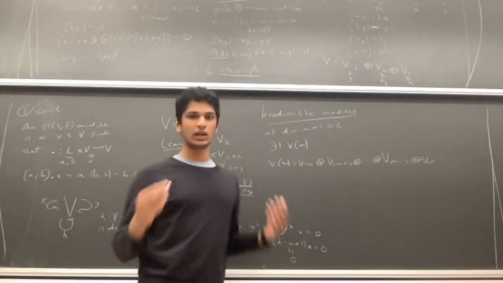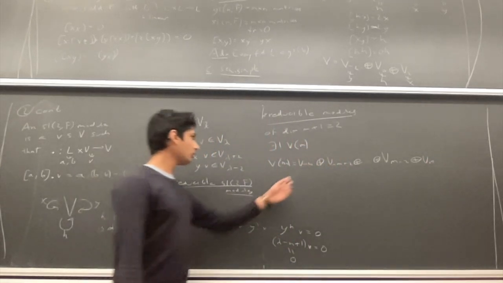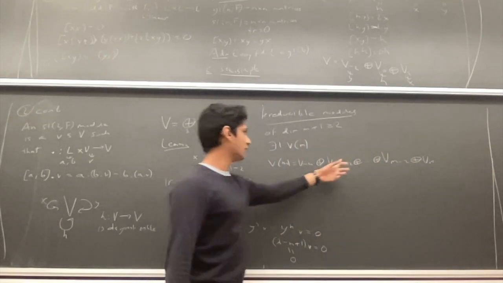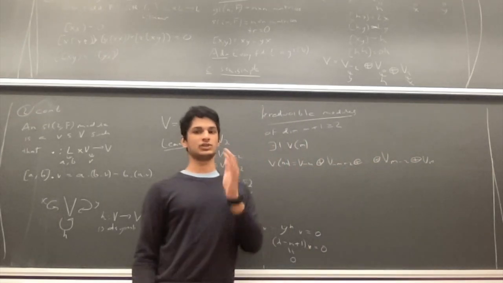So as you can see, there are a lot of properties I want to state. Each of these eigenspaces is of dimension 1. The eigenvalues are all integers, and they're all centered around 0.